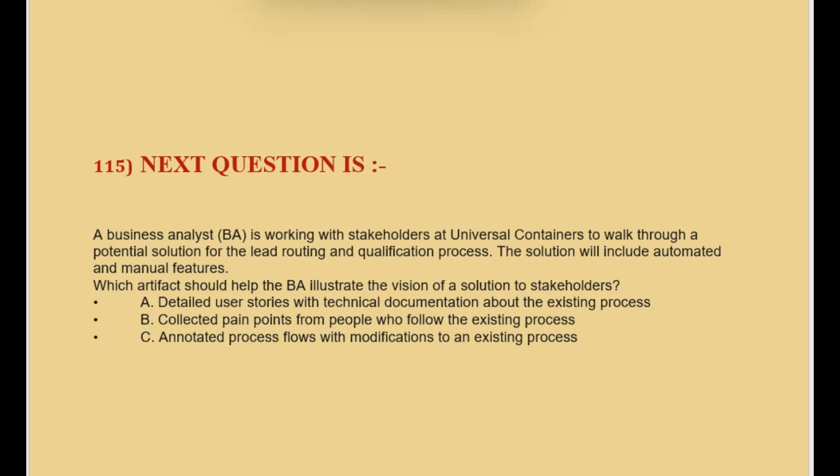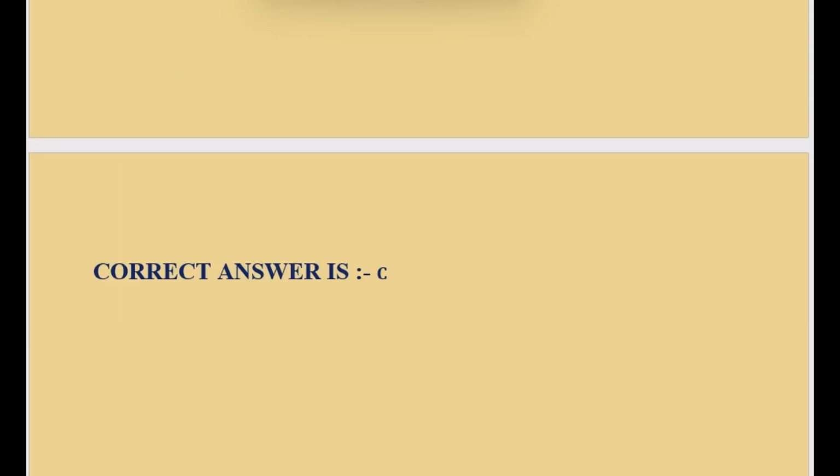Option A, detailed user stories with technical documentation about the existing process. Option B, collected pain points from people who follow the existing process. Option C, annotated process flows with modifications to an existing process. Correct answer is option C.